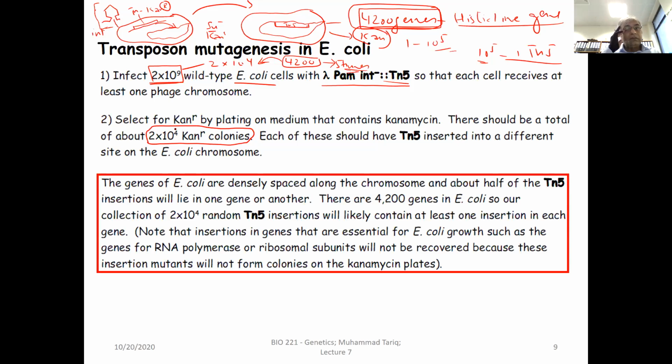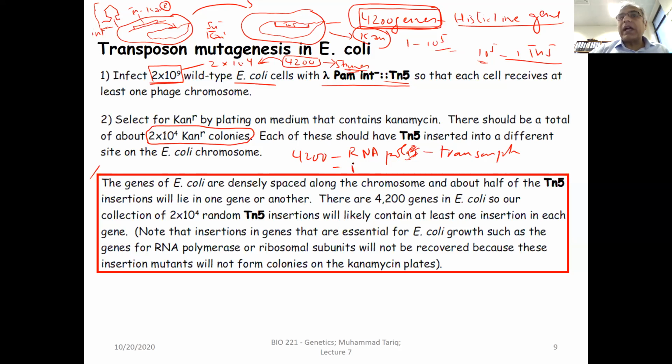Now, we should also know that among these 4,200 genes in bacteria, there are many genes which encode RNA polymerase, not Pol2, because Pol2 is eukaryotic. So in bacteria, the RNA polymerase machinery is involved in transcription.